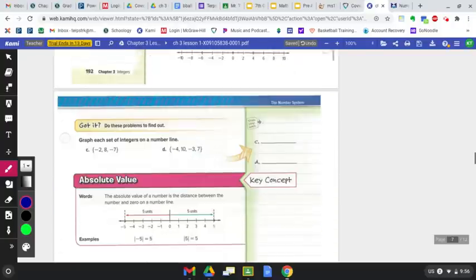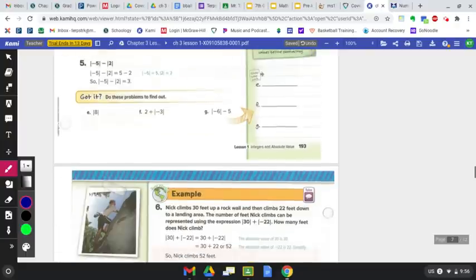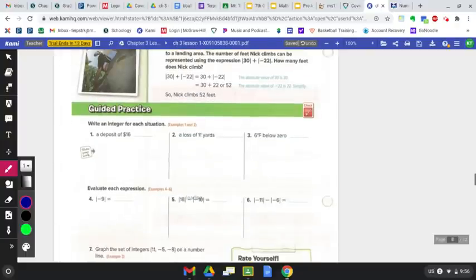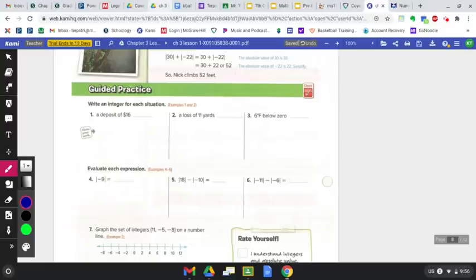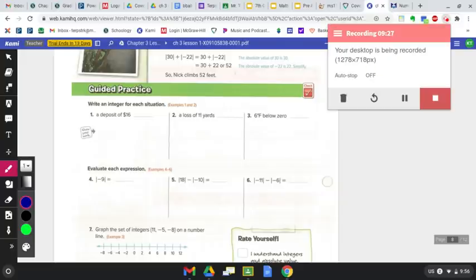So let's scroll down into our practice examples. I want you to look at number 1, 2, and 3 and model those situations with integers. Pause the video here and work on 1, 2, and 3 from the guided practice.